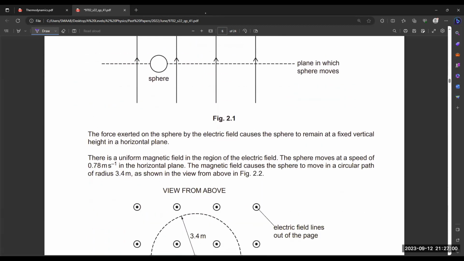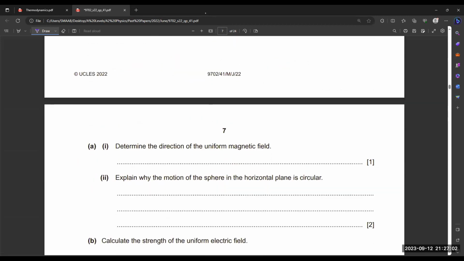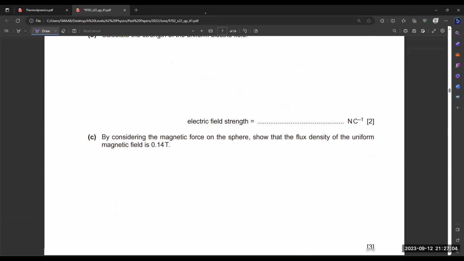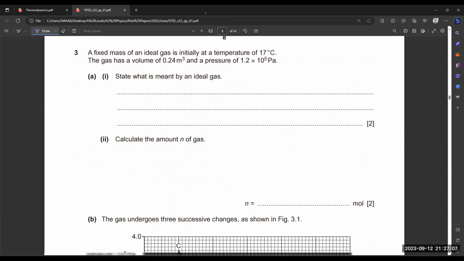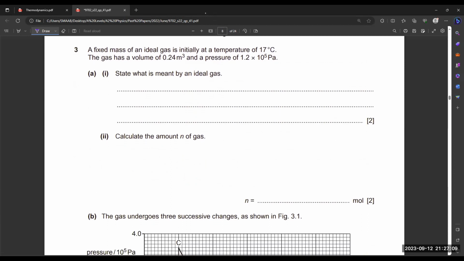Second is related to the electric field. We just skip this part for the time being because we didn't discuss this chapter. Question number three is related to gases. A fixed mass of an ideal gas is initially at a temperature of 17 degrees Celsius.